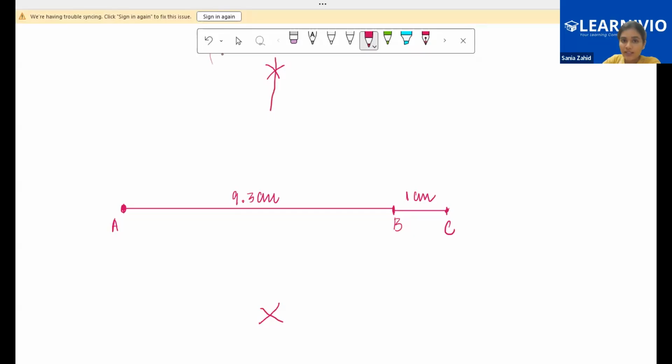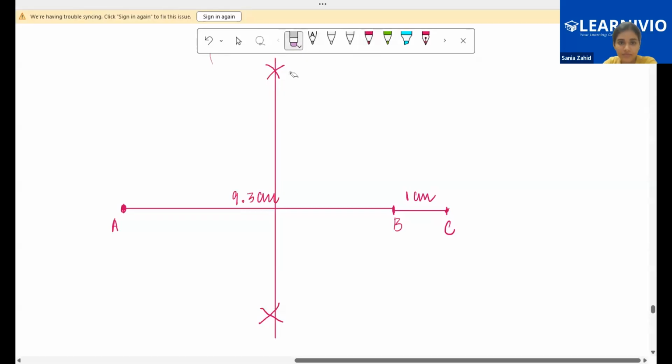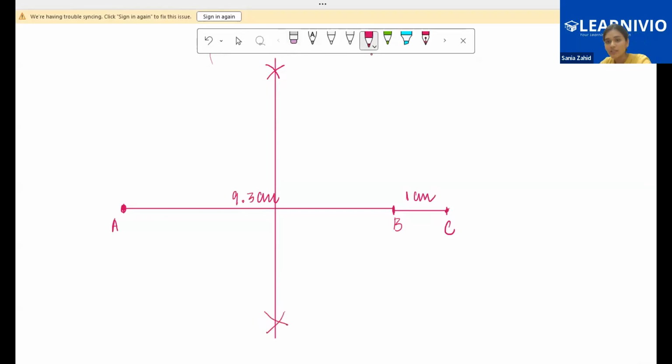Children, now you have to join these cuts with a straight line. Now mark the center point as M and take the radius as MA or MC.